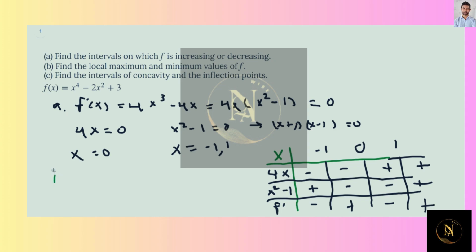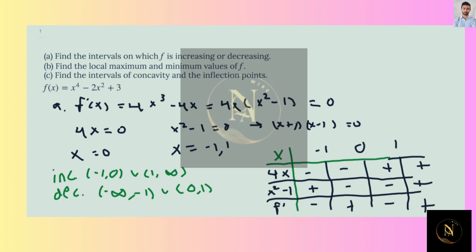So it is increasing where f prime is positive, so it is positive between negative 1 and 0, so we'll do negative 1, 0, union, and it's also positive from 1 to infinity. And then it is decreasing where it is negative, so it'll be negative infinity to negative 1, and then 0 to 1.